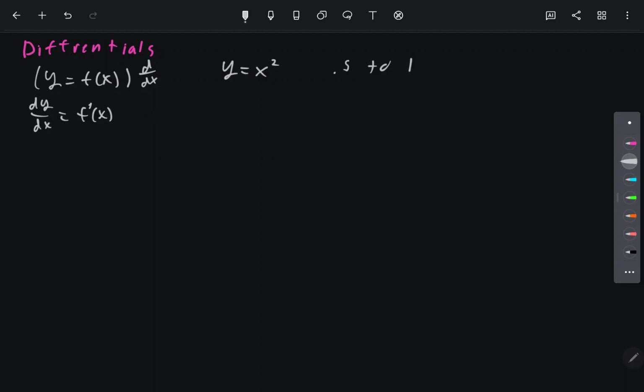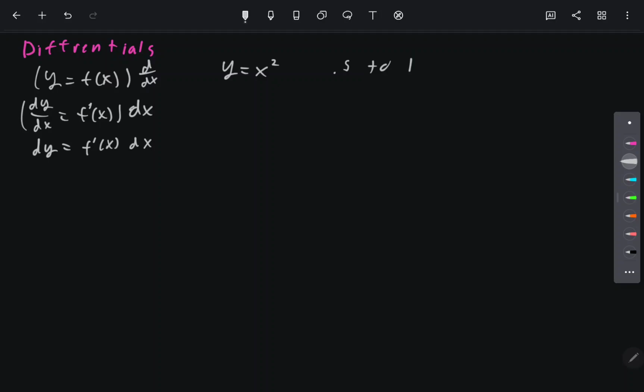We're going to treat this dy/dx like a fraction and multiply it over to the other side. So we get the differential dy is equal to f prime of x times dx.